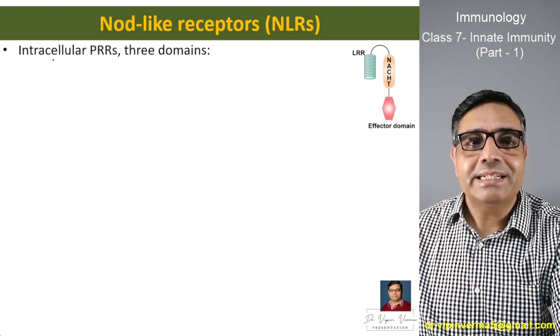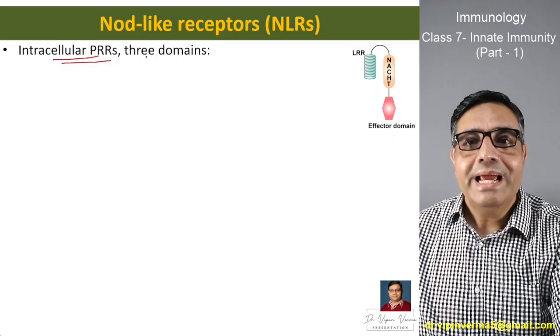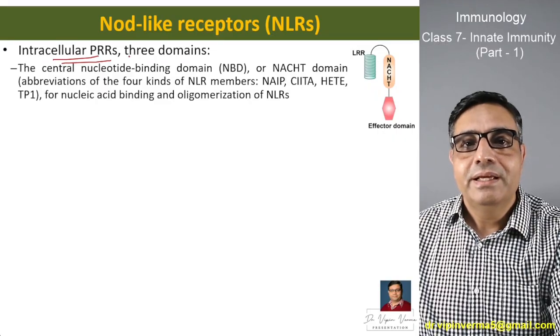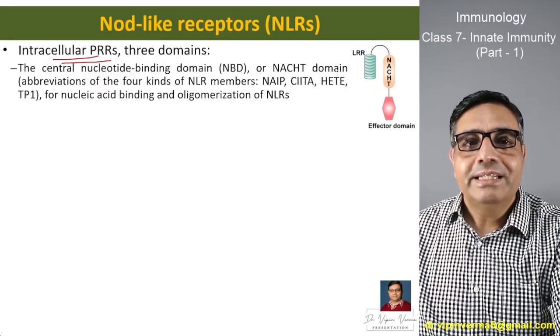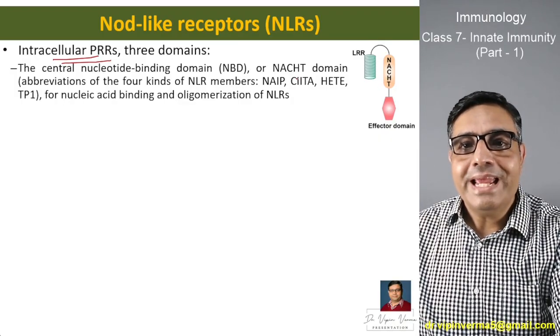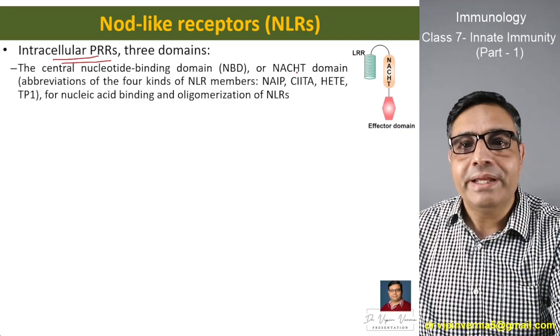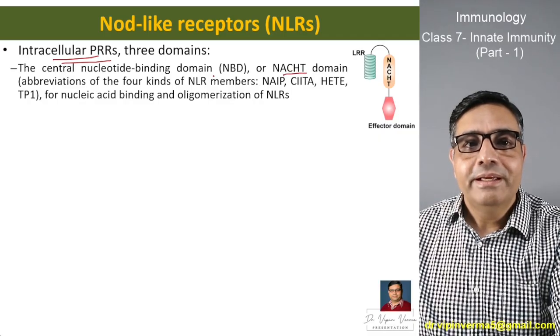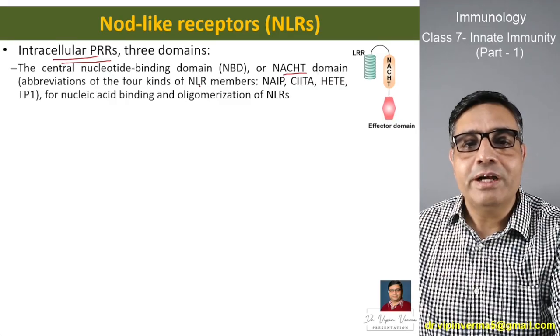Now, the fourth family is the NLRs, or NOD-like receptors. These are again intracellular PRRs, and they have three domains. We have the central nucleotide binding domain, called the NACHT domain, which is the abbreviation of four NLR members: NAIP, CIITA, HET-E, and TP1.